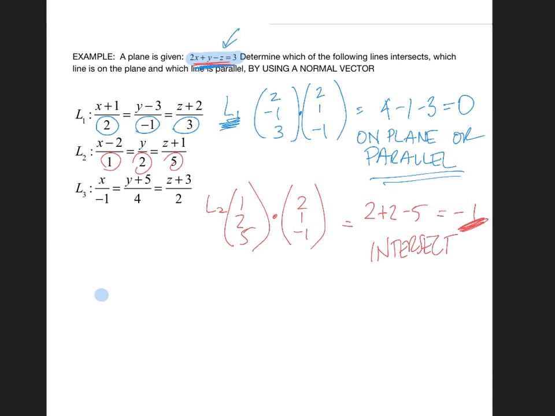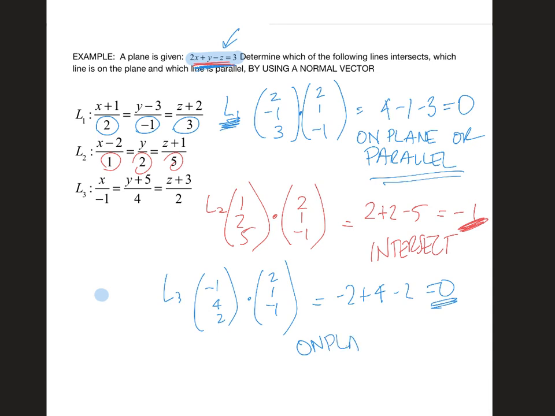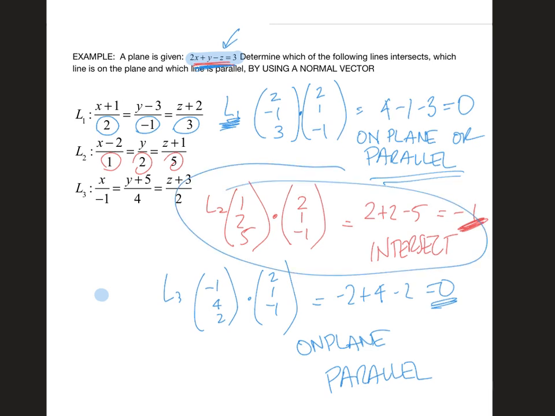Line 3 has a direction vector of negative 1, 4, and 2. The dot product with 2, 1, negative 1 gives negative 2 plus 4 minus 2, which equals 0, so again it's either on the plane or parallel to the plane, but not which one. It's not as detailed as the first method, but it's a heck of a lot easier. So at least you could narrow it down: I know this intersects, now let me go do this the other way. Anyway, hopefully it's useful.